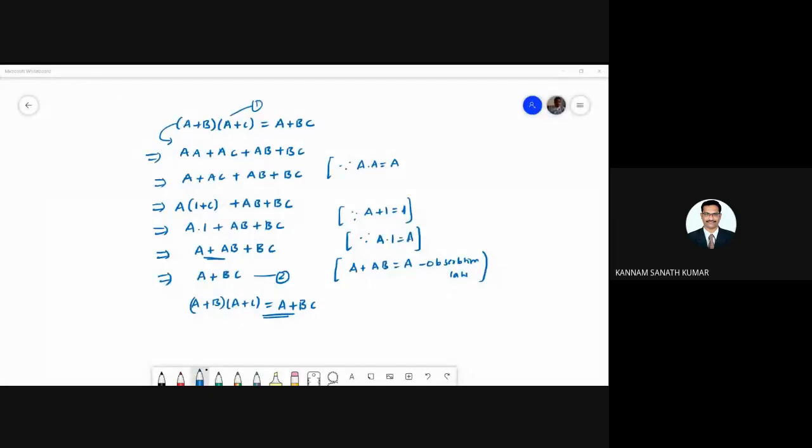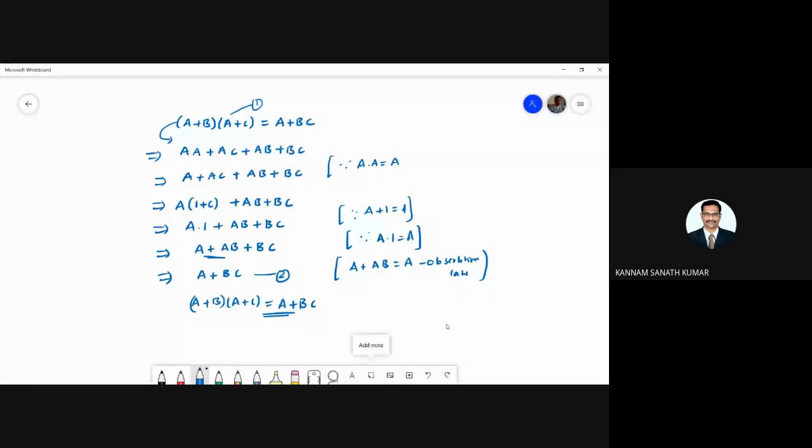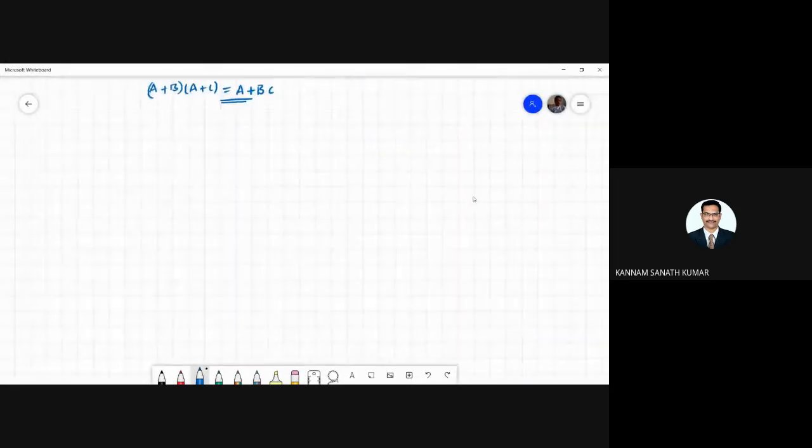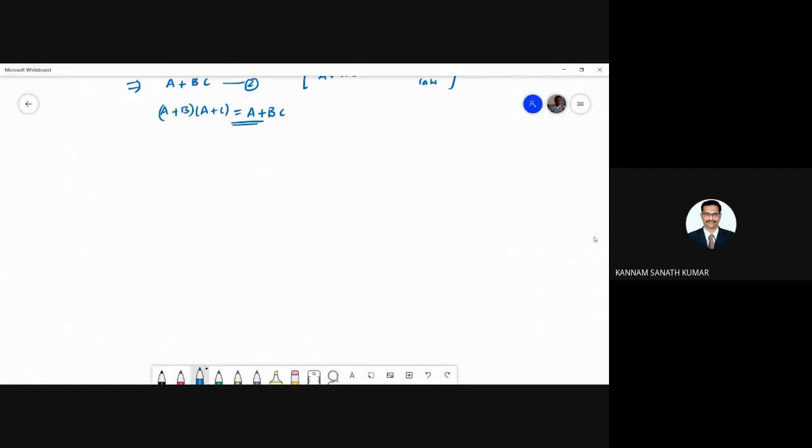So these are some Boolean laws. Now I will tell you some sample problems. By using these Boolean laws, you need to reduce the given expression.